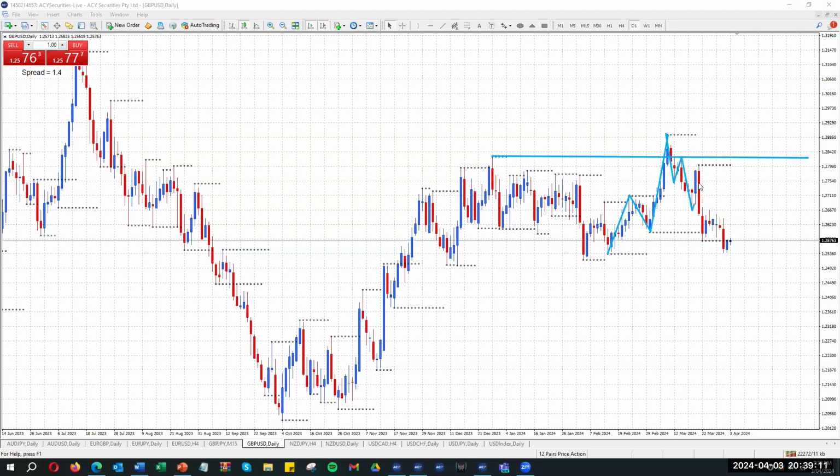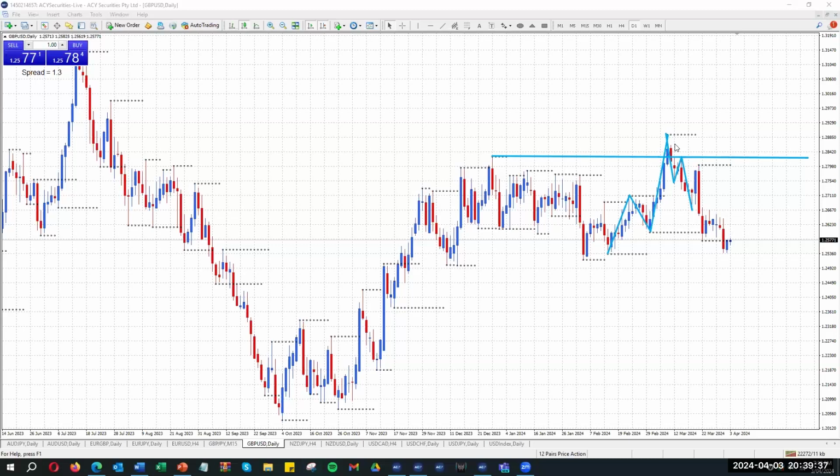Then we come down, we rally, we come down, we had a bit of a bounce back up to this area of support, and of course we've been moving down as well. So whilst we had an uptrend coming above this high here, once we have a false break above a significant level of resistance, we don't continue up.